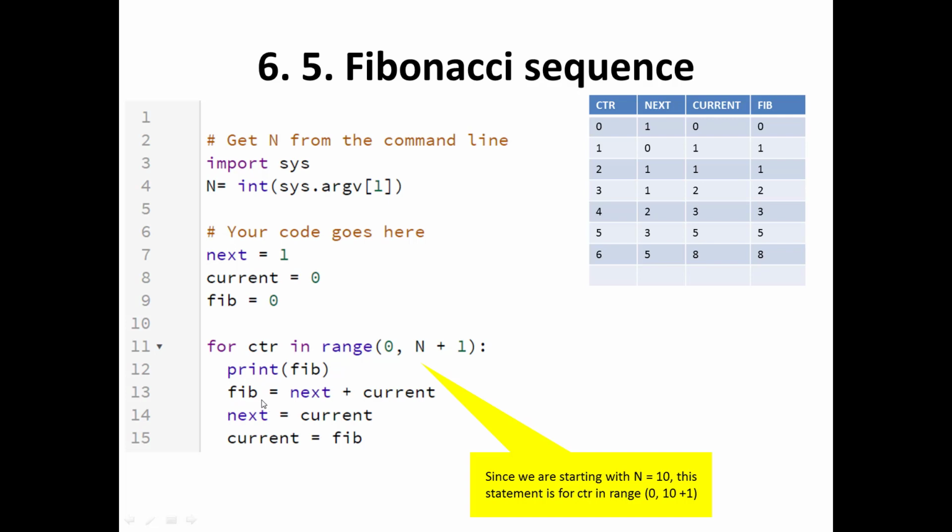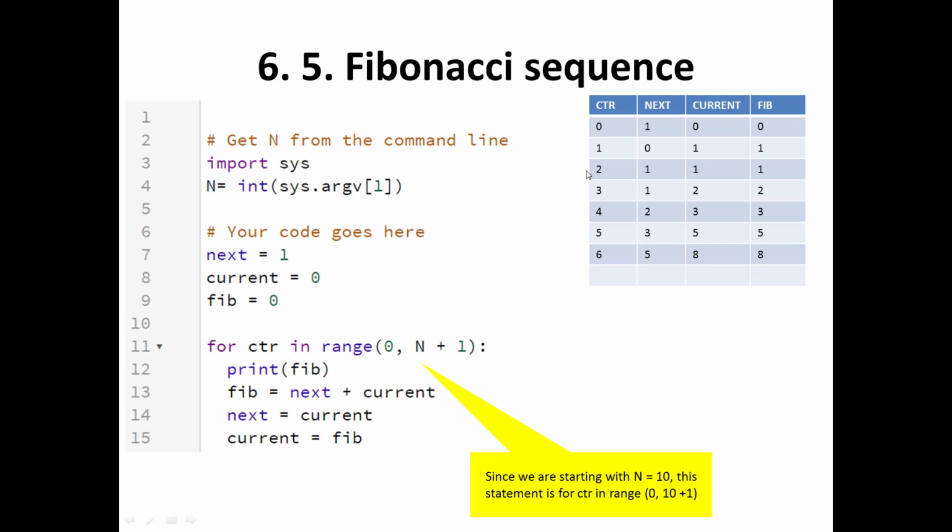Fibonacci is going to equal next plus current. Current hasn't changed yet, so we get a value of 0 here. Current is going to change to the value of Fibonacci. Remember, we just calculated Fibonacci as a 1, and that goes here.